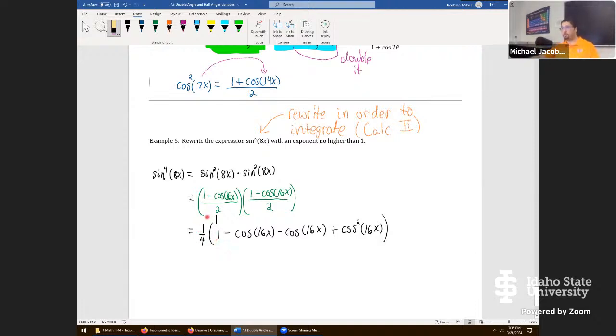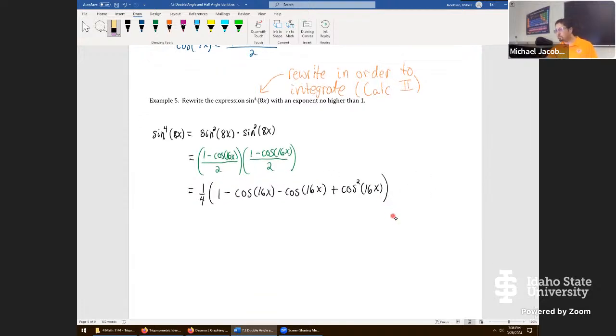In fact, probably the next step we'd want to do is just distribute 1/4 through all that. So let's go and write this as equals 1/4 minus 1/4 cosine 16x minus, oh, and I forgot to combine those. We'll do it on the next step.